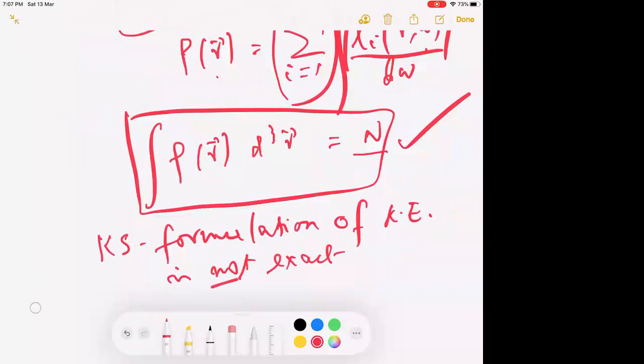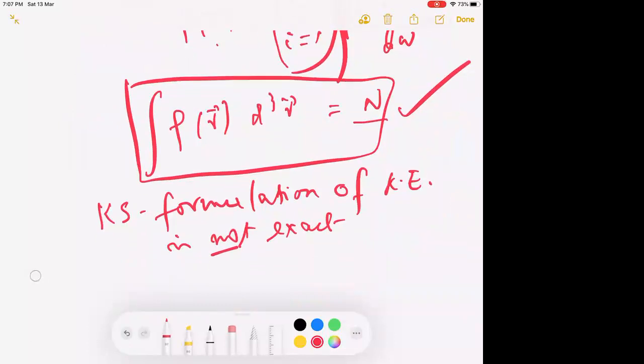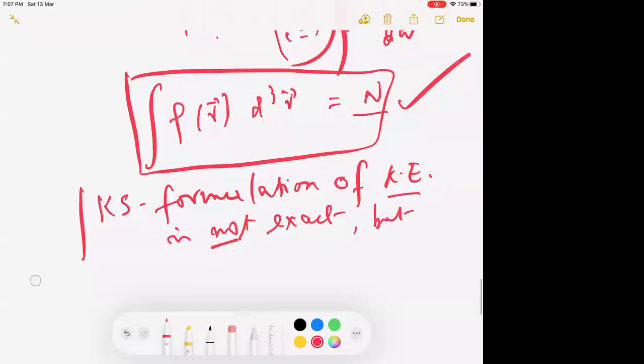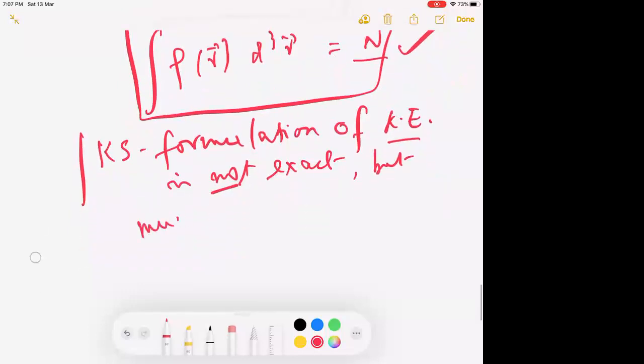But you can make it quite close to the exact, just like Hartree-Fock. Hartree-Fock is not exact, but it is close to the exact. So this Kohn-Sham formulation of kinetic energy is not exact, but much better than the Thomas-Fermi kinetic energy, the rho to the power 5/3 that I talked of for the homogeneous electron gas.